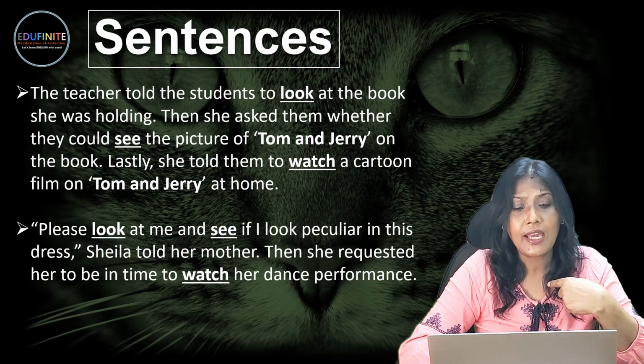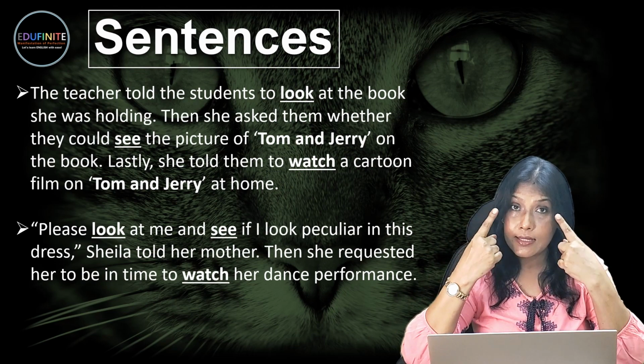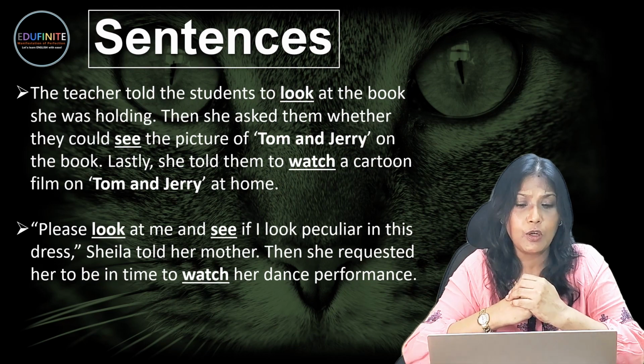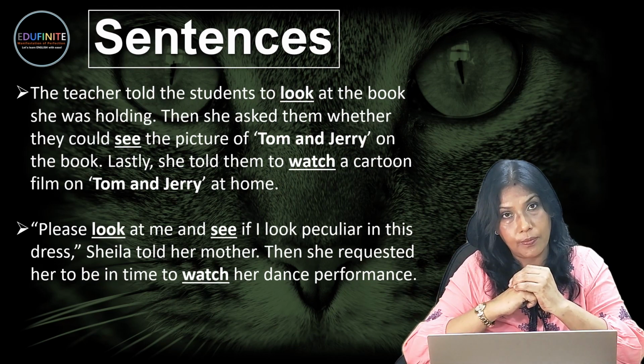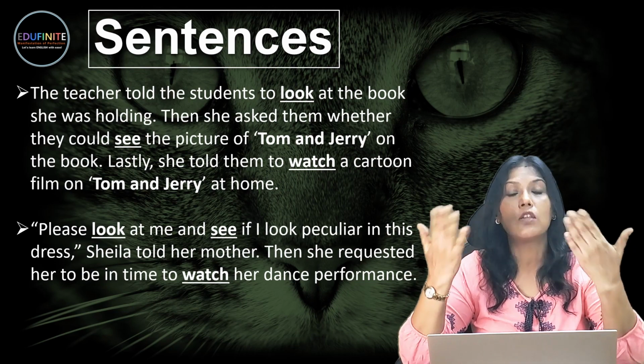Please look at me. That means you turn your eyes in my direction. So look at me and see if I look peculiar in this dress, Sheila told her mother. So Sheila was talking to her mother and she told her, please look at me.